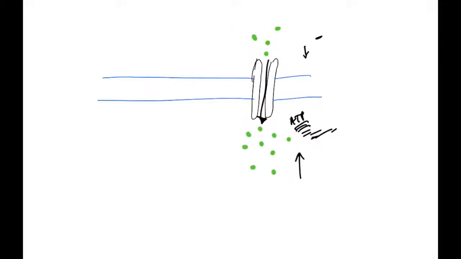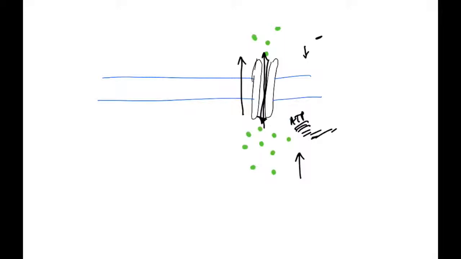If the arrow was going in this direction, it would mean it's diffusion. If the arrow was going through the channel, it's now facilitated diffusion. So you need to be able to distinguish between those three options. Is that diffusion? Is that facilitated diffusion? Is that active transport through a protein pump? Or if it's just the movement of water molecules, is it osmosis?